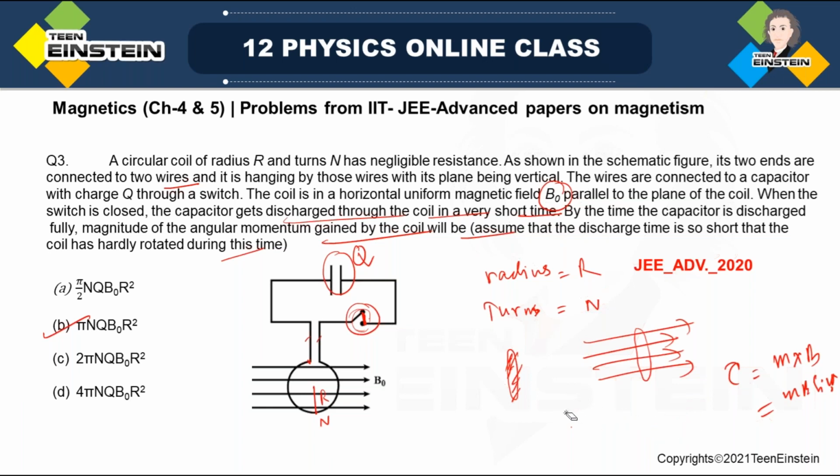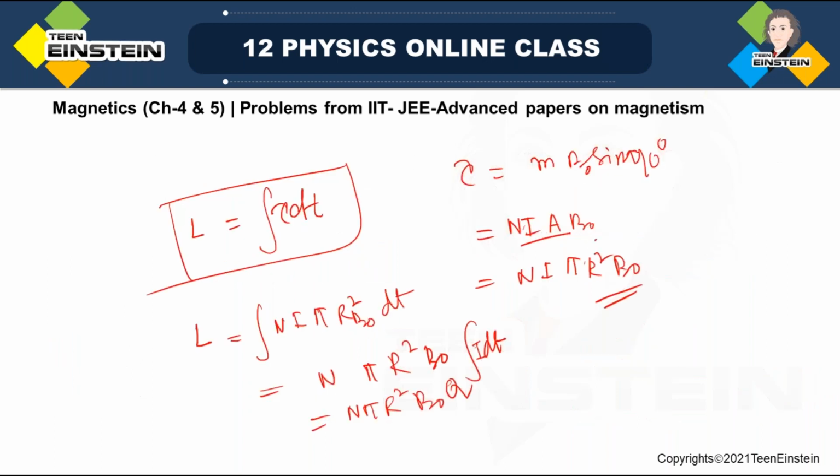Actually, this is dL, tau is equal to dL by dt. This is wrong actually. The tau is equal to dL by dt. So L will be integral of tau dt, and what is tau?